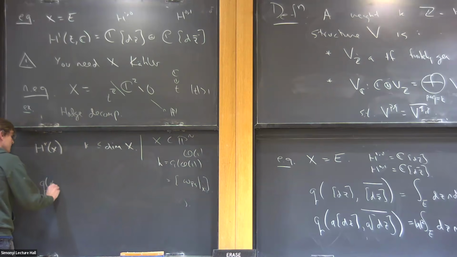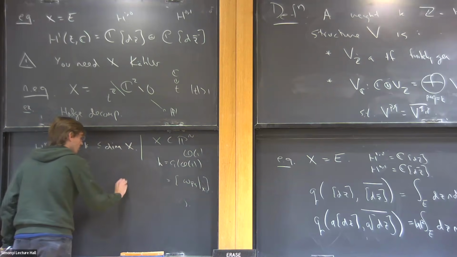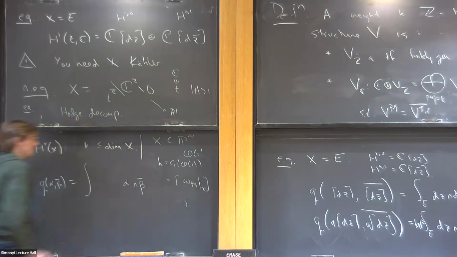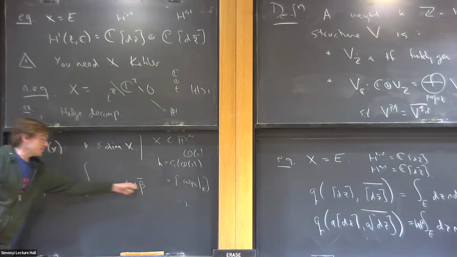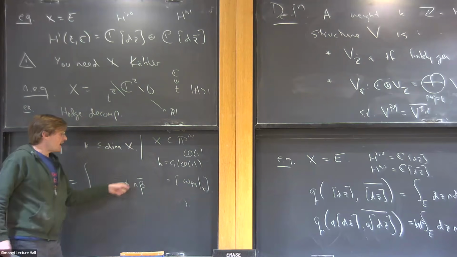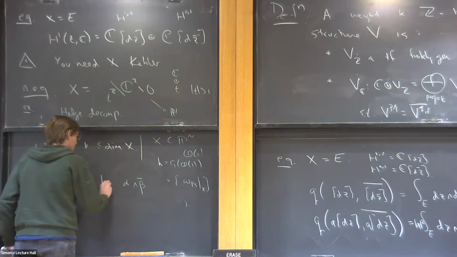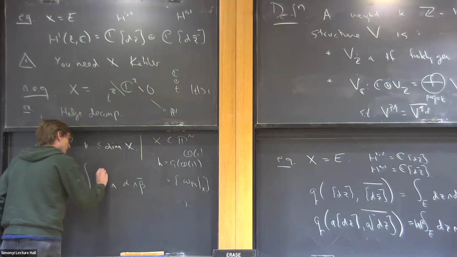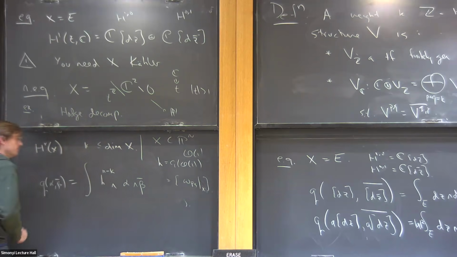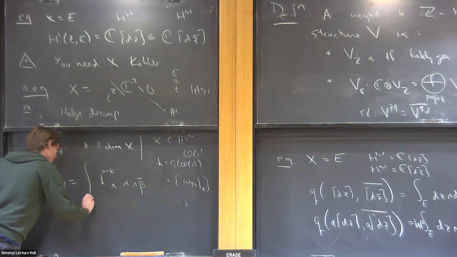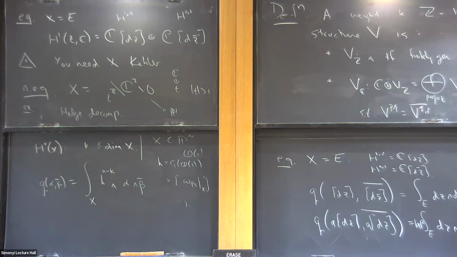I can declare Q(alpha, beta bar) to be, well, do what I said. You wedge these two together. So I get something that's of degree 2k. So I need to bring it all the way up to 2n. So I just wedge with H^{n-k}. This is now a top form. So I can integrate that, and this gives me a form. And I can write it in terms of cup product, so it's defined over Z.